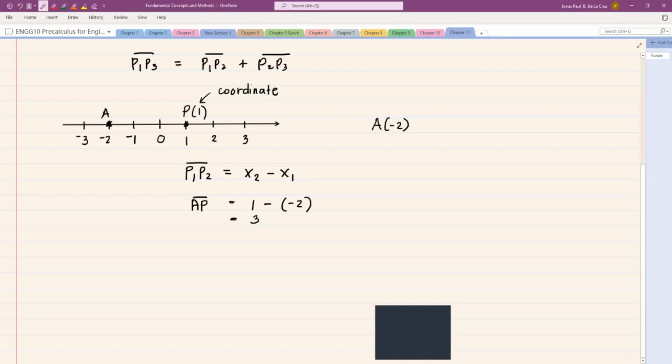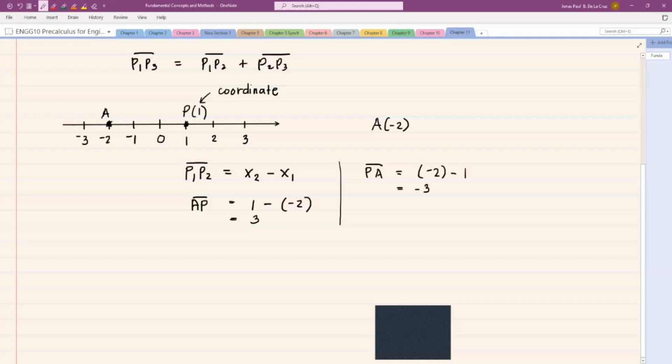Whereas, this will be different when we travel from point P to point A. From point P to point A, the designation is PA. The directed distance is -2 minus 1. So this becomes -3.